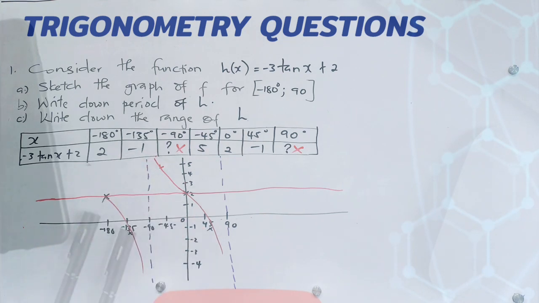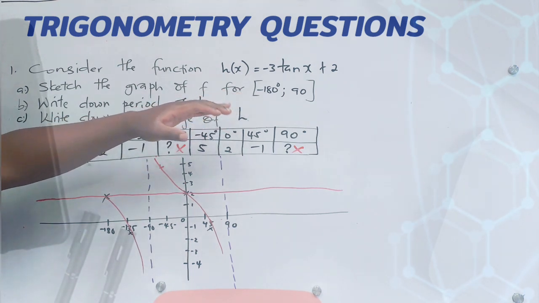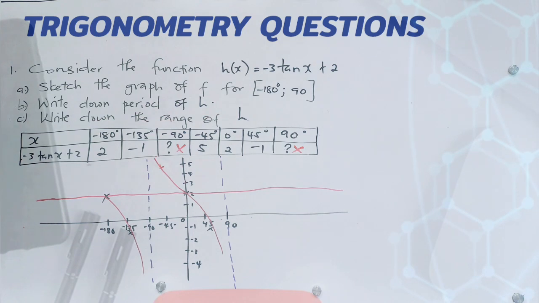It's just like an overstretched S. So that's how we sketch a tan graph, given a set of x values from negative 180 to 90. It's not always guaranteed that the range will be from negative 180 to 90. It can change anytime. So you just apply the same techniques to sketch the other types of tan graphs.